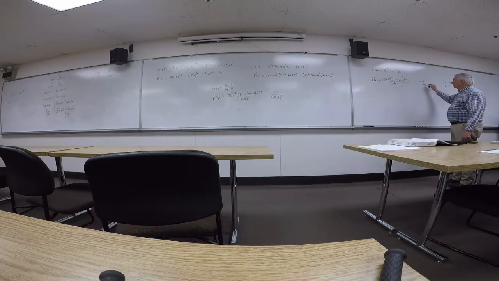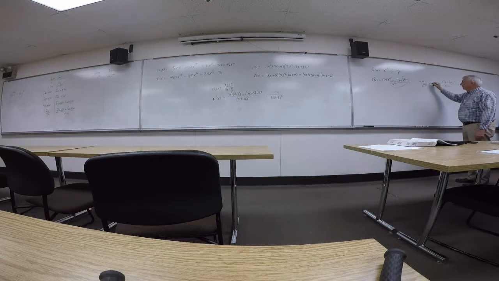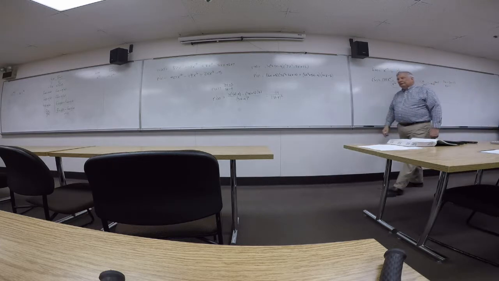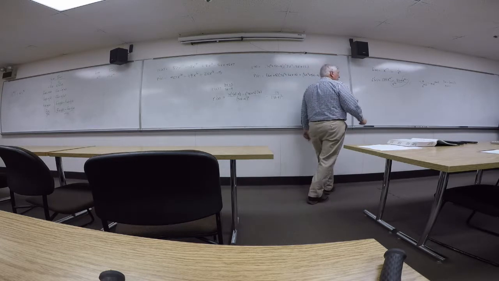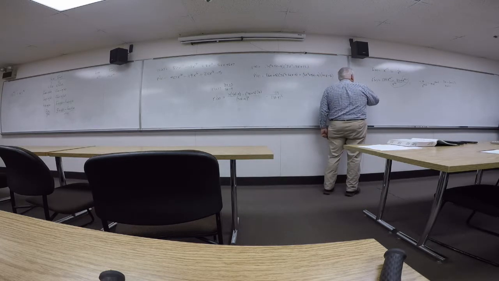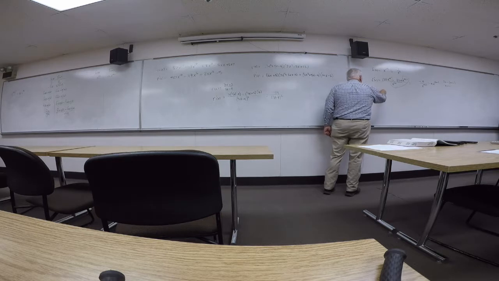X to the n plus 1, which is equal to minus n times x to the minus n plus 1. And we did one of those yesterday. X to the minus 1, the derivative is minus 1 over x squared.